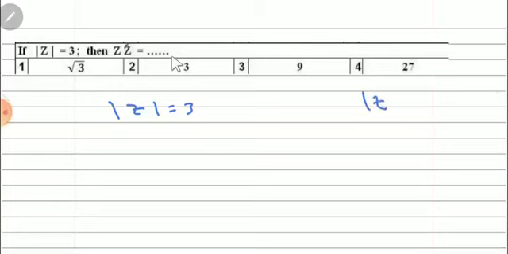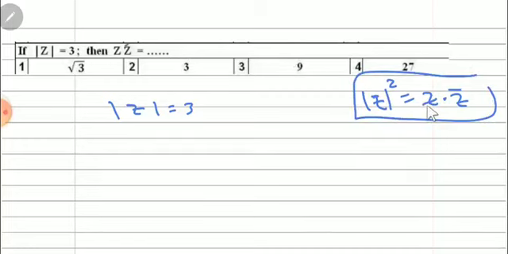The length of Z squared equals Z multiplied by the conjugate of Z. So this is a rule, okay? Keep it in your mind. This is Z multiplied by the conjugate of Z, but this is the length of Z squared.